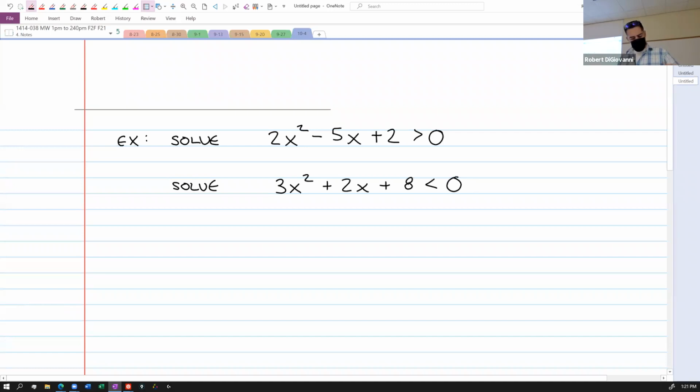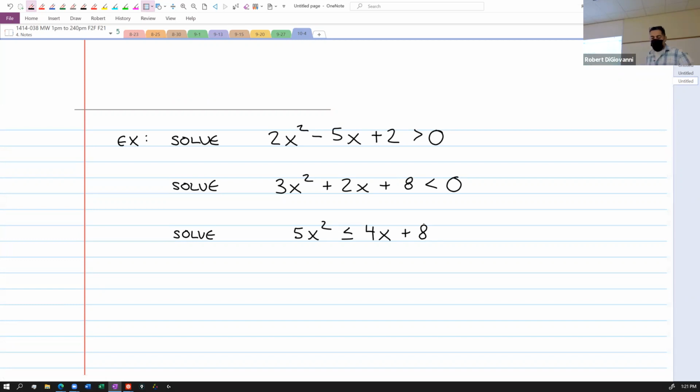That'll be interesting to see what happens there. Then solve 5x squared less than or equal to 4x plus 8. So I'm going to let you all work on these right now, okay?